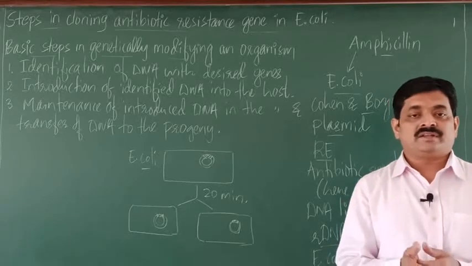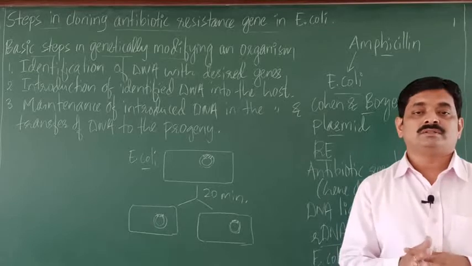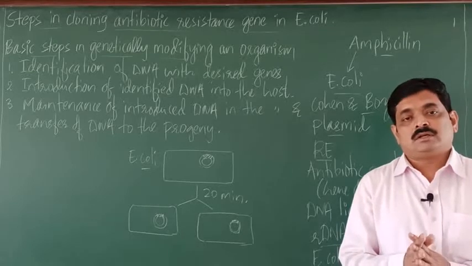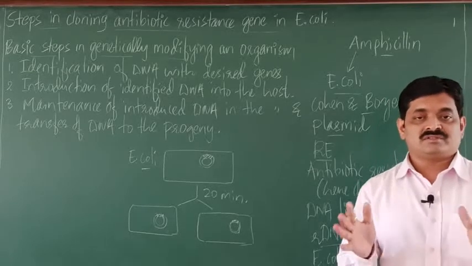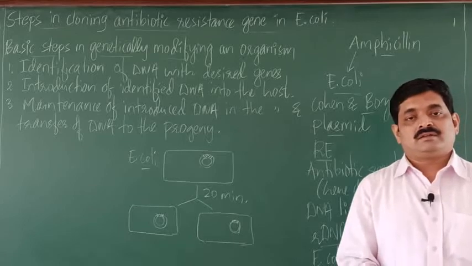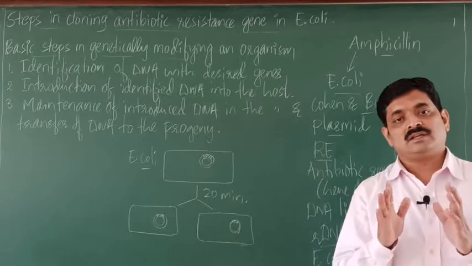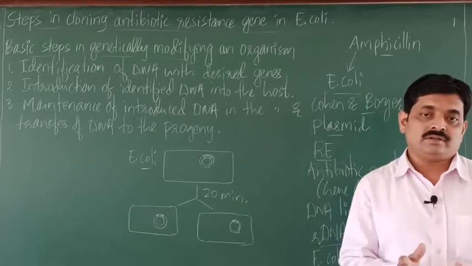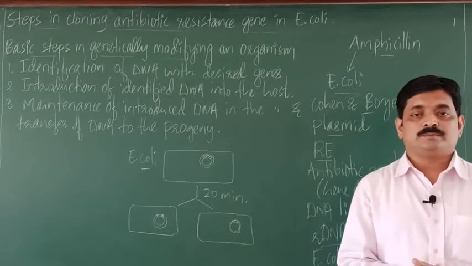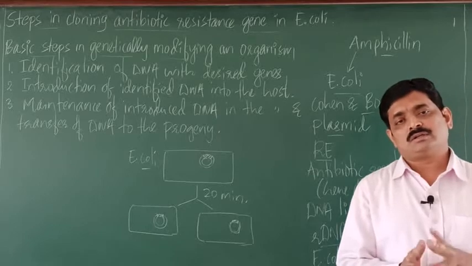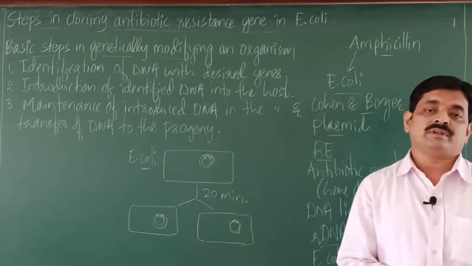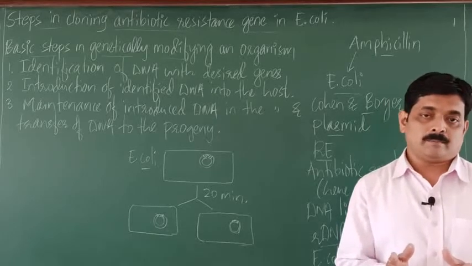So now what is obtained here? Recombinant DNA is obtained. So what is this recombinant DNA? Plasmid plus desired gene. It is the recombinant DNA. So this is how Cohen and Boyer constructed recombinant DNA.